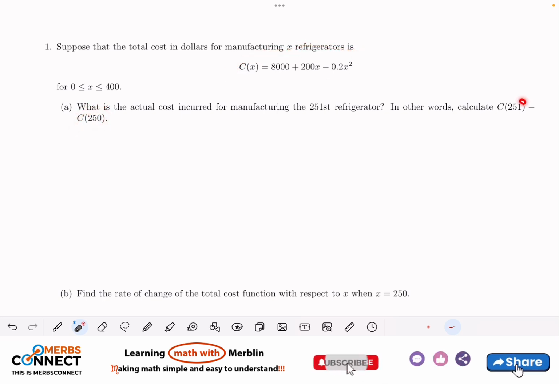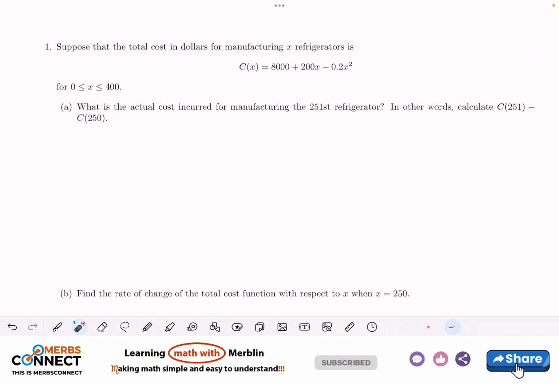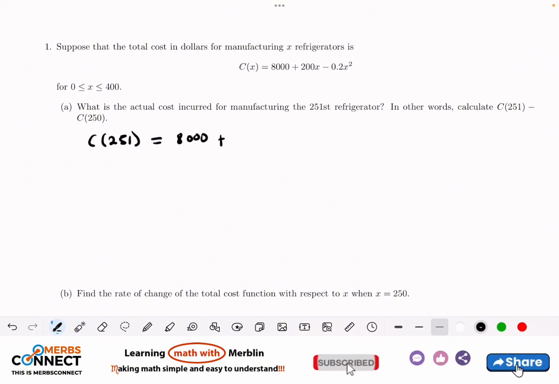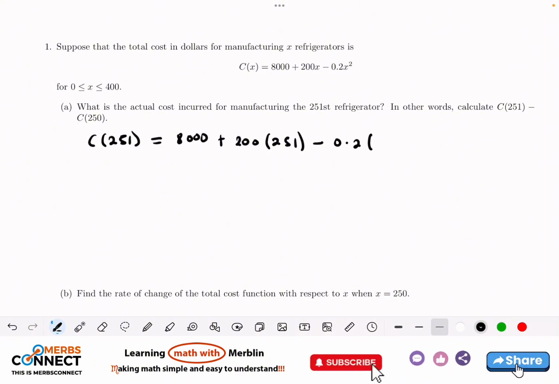I'm going to pick this one and solve. When I'm done solving for this, then I'll do the subtraction. So what is C of 251? This is going to give us 8,000 plus 200 times 251 minus 0.2 times 251 squared.